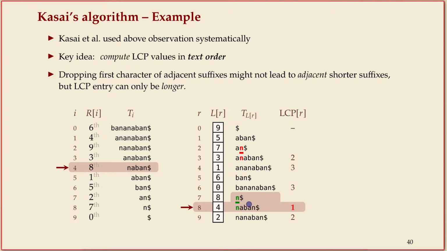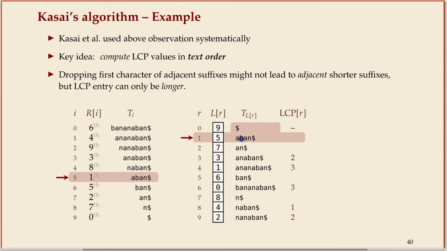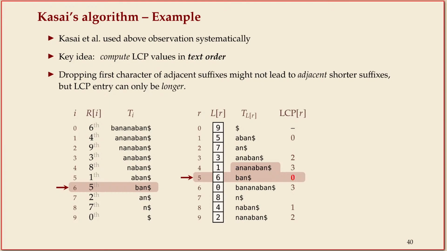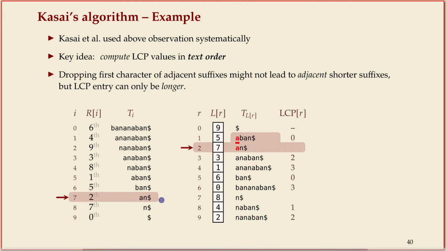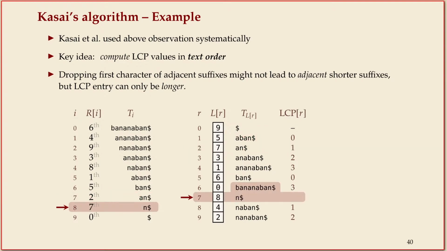That's the only one, so we leave it at that. For the next example here, we don't have any inherited matches because 1 minus 1 is 0. Indeed, the first character already differs, so we get a 0. The same thing happens here again. And for this one, we don't have any inherited matches, but we find by comparing that there's one character that matches. And that's all.